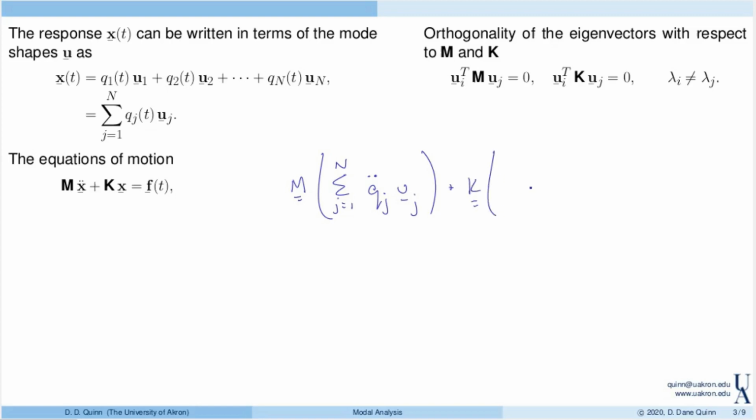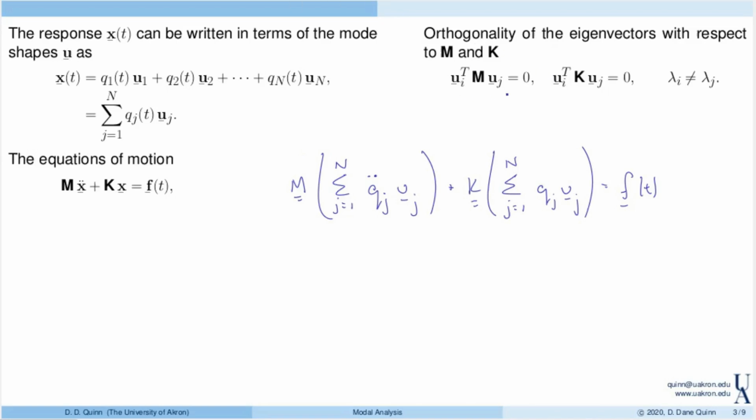And then we have our stiffness term, again the sum from j equals 1 to n, and this is just q_j times u_j equals f of t. So at the moment I haven't really simplified the problem, because we still have n equations and they're still all coupled together.